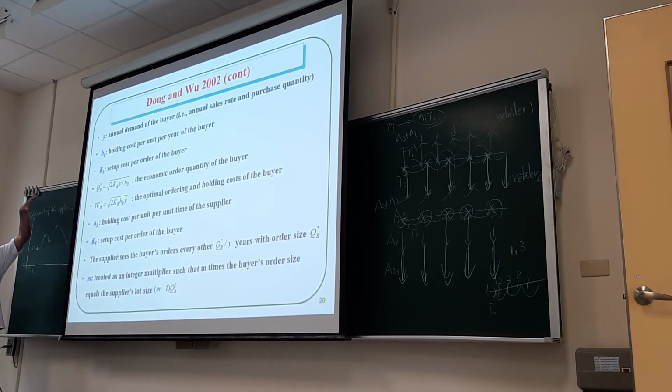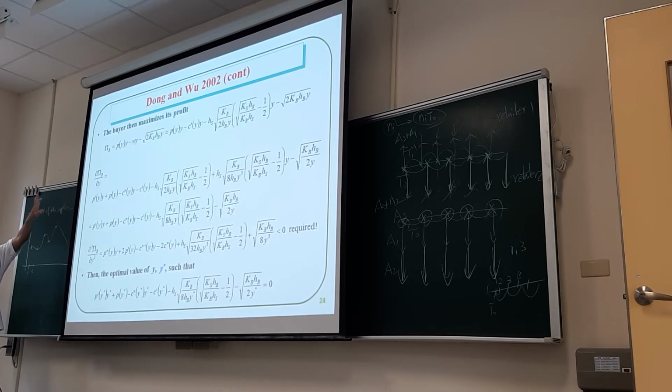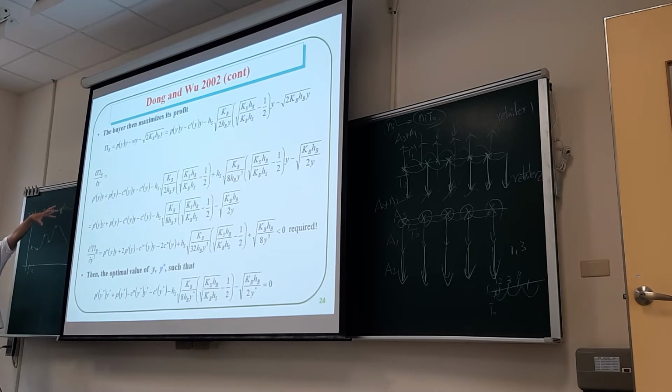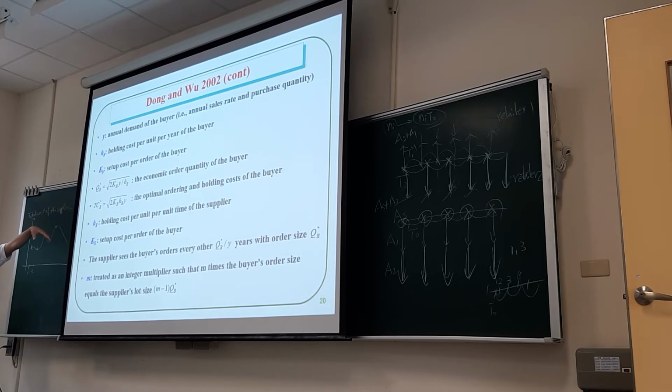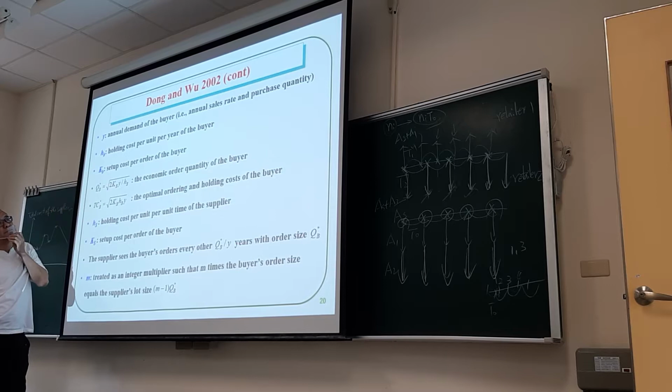Okay, let's read the definitions and then the argument, and then we will come back to the introduction of the paper. So, what is Y? Annual demand of the buyer.